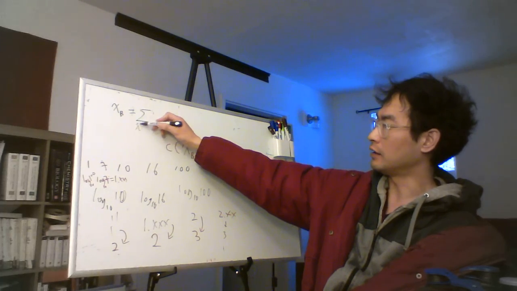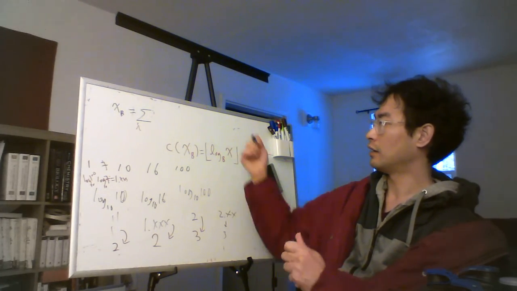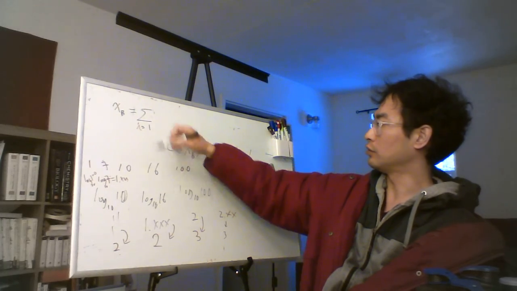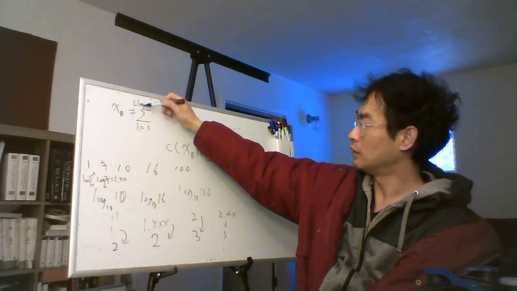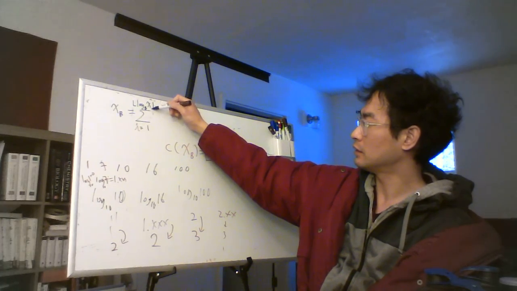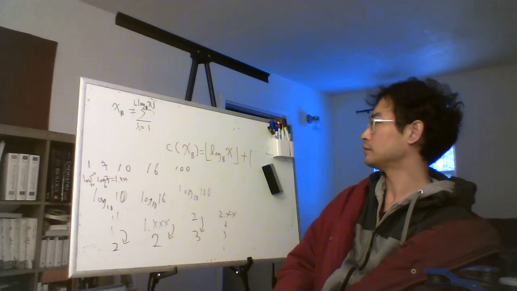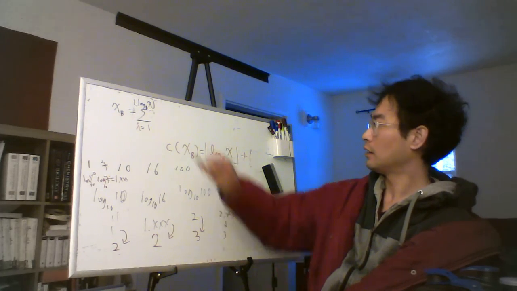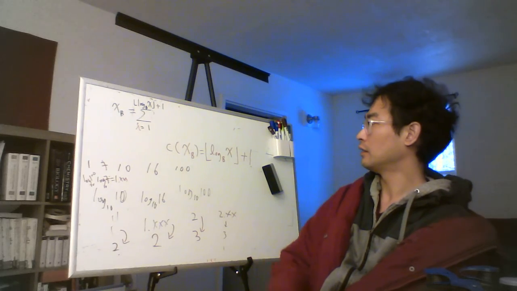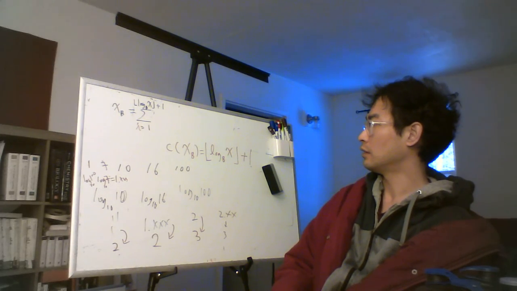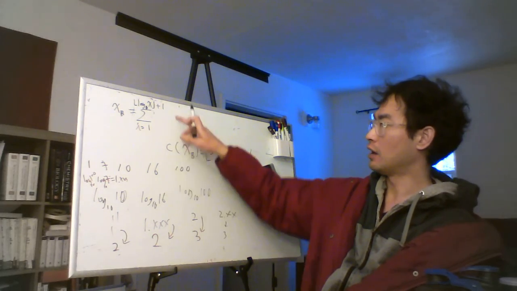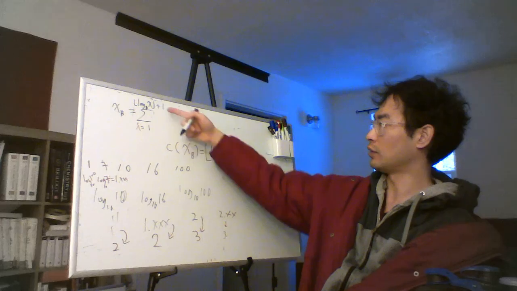So with index i from 1 to the floor of log base b of x, plus 1, that's the length of this number, the number of digits.